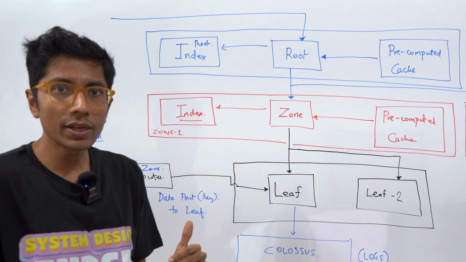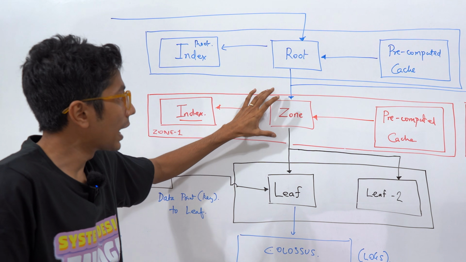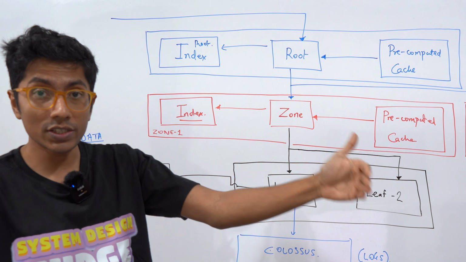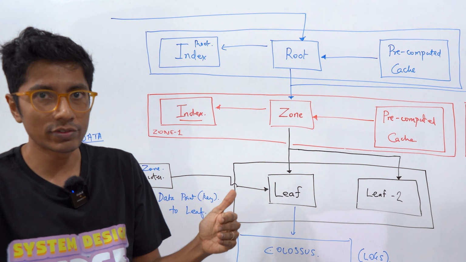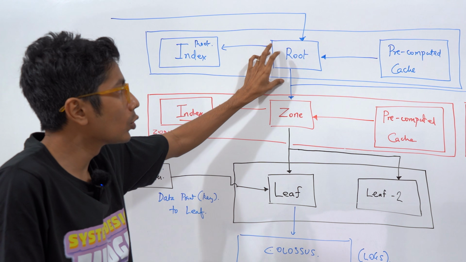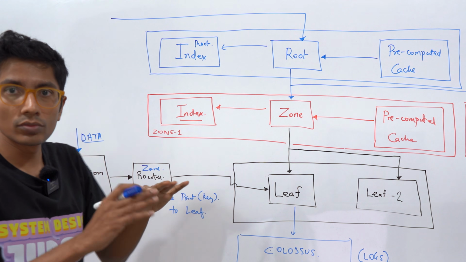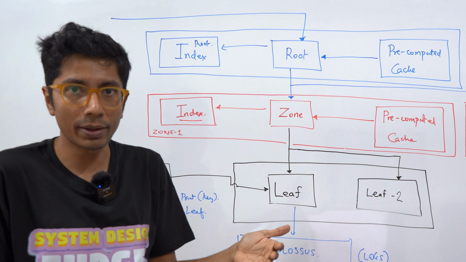If you start giving me results for the first 5 seconds, then I'll wait for you to complete. I'll wait in total for 10 seconds. That's my request timeout, but my soft timeout is just 5 seconds. So in this way, I'm not depending on you too hard. I can go and hit some other zone if needed, or at least I can fail the query and tell the client that it didn't work out. You can try again after some time.